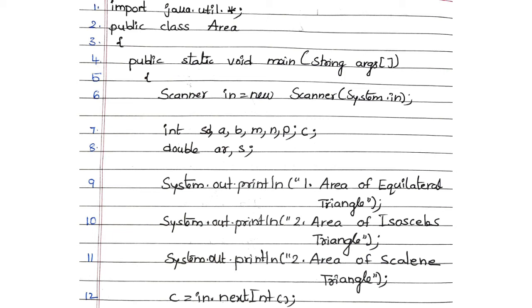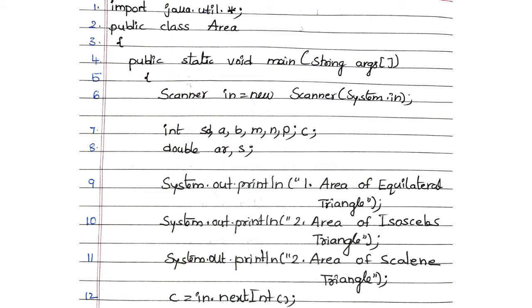Area of isosceles triangle. 3. Area of scalene triangle. We are providing the user to select any one option from these statements. The user enters any one of these options from this menu. That's why we have to write very neatly and very understandably.